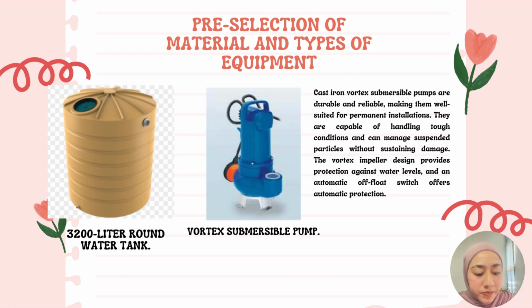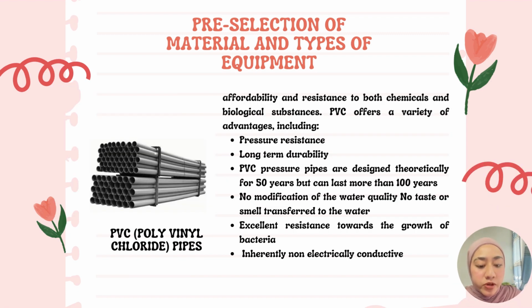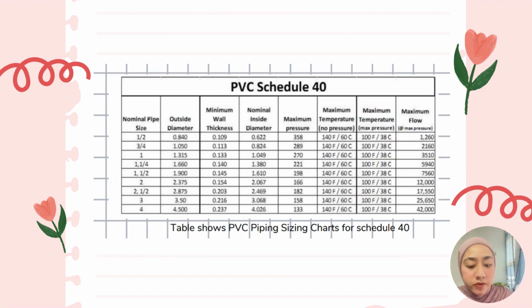The vortex impeller design provides protection against low water levels, and the automatic offload switch offers automatic protection. PVC offers a variety of advantages, including pressure resistance, long-term durability, excellent resistance towards the growth of bacteria, and many more. This table shows PVC piping sizing charts for Schedule 40.